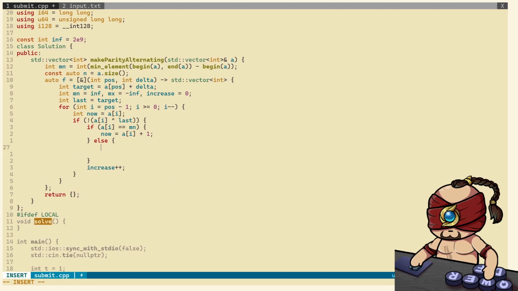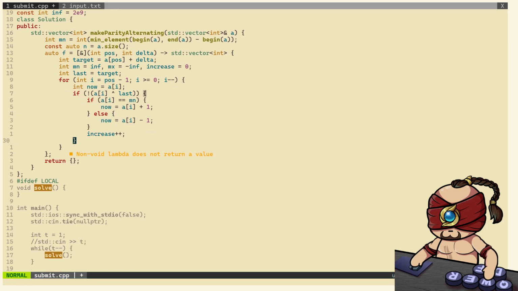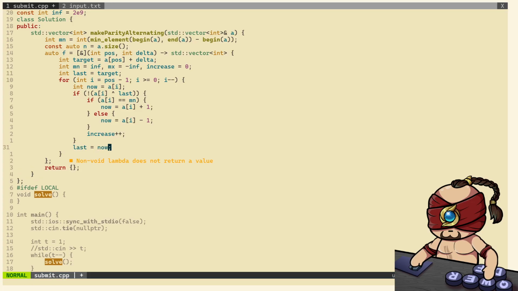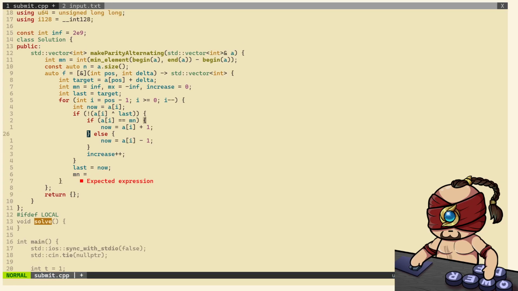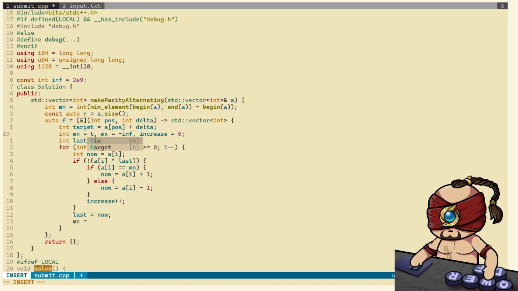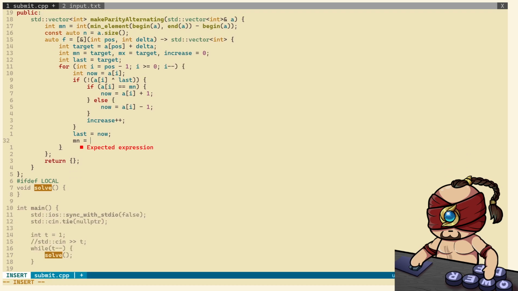Increase. Yeah, that's true. Now it's equal to AI minus 1, right? That's equal to now. We do this as target. Now.